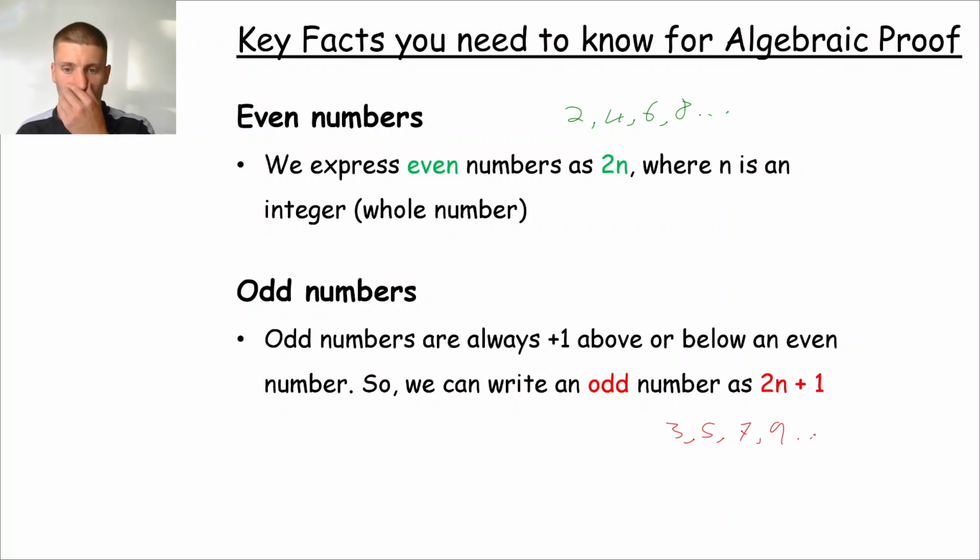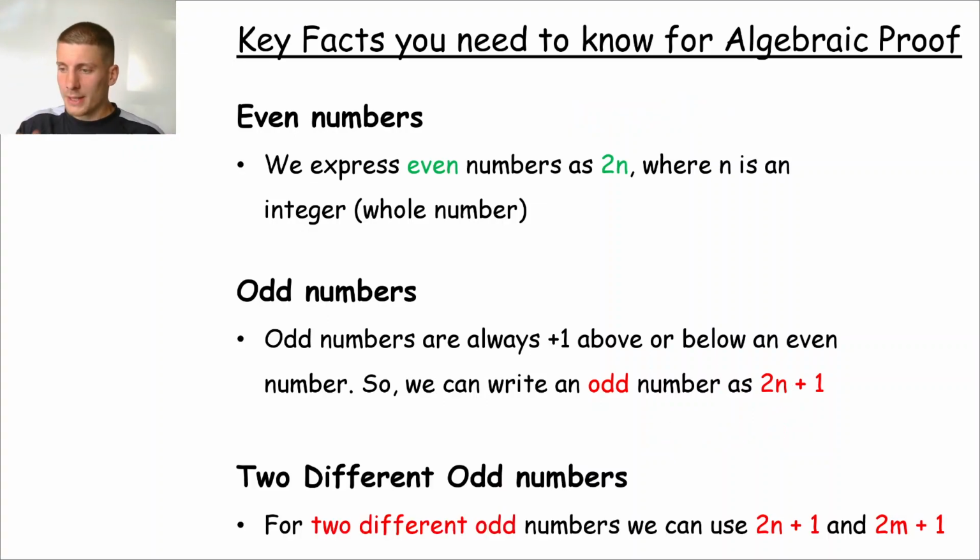Okay, the reason the 1's not there, if n is equal to 0, 2 by 0 is 0, add that 1 is equal to 1. So we use algebra to help us represent all of the possible odd numbers that we can possibly think of. Again, you don't need to use the letter n, you could use a different letter. And actually you might need to in some cases that you'll see later. But for the time being, just know that's enough.